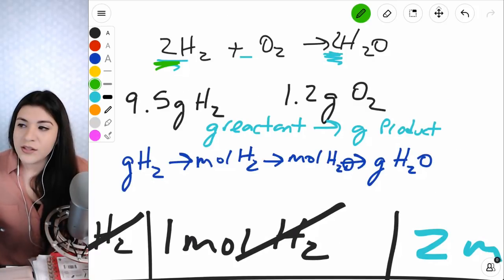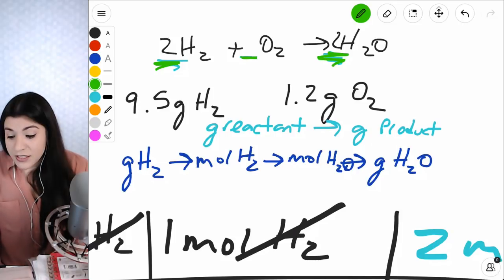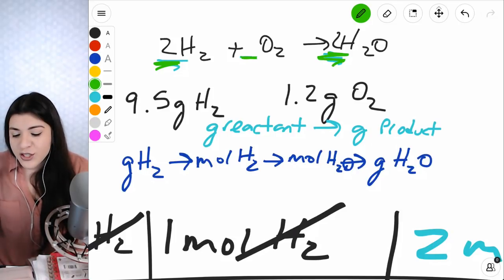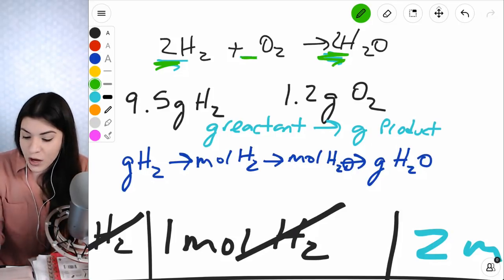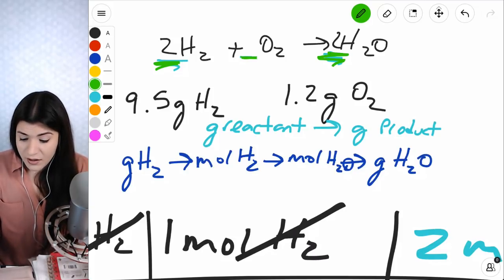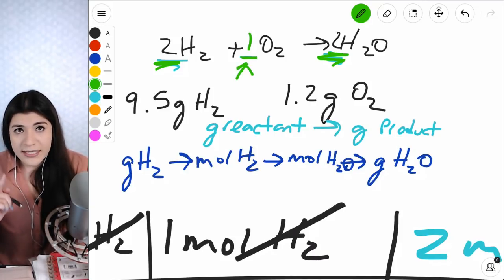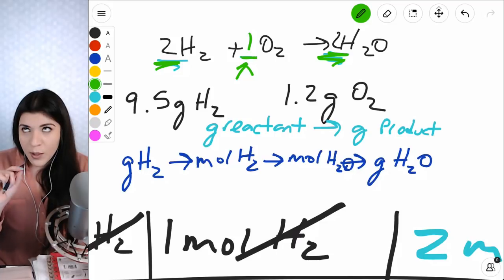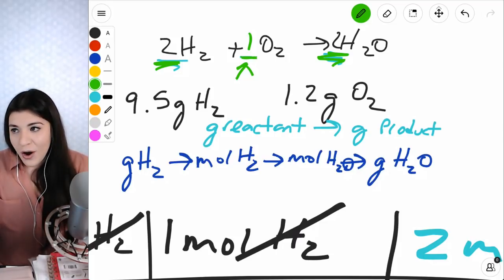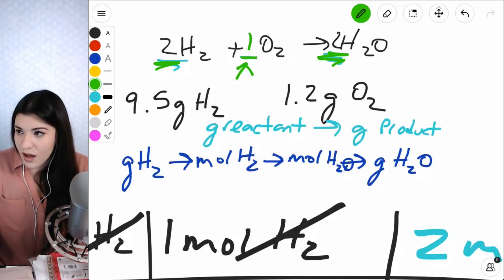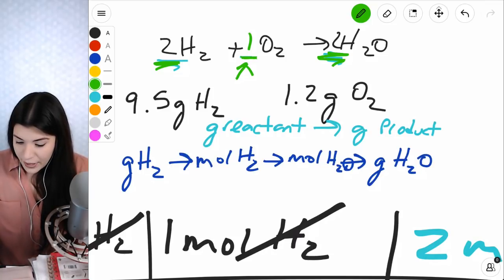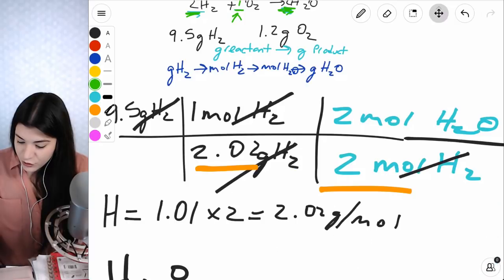Okay. And then now let's go back to our balanced equation to do our mole to mole ratio. So since we're doing moles of O2, there's 1 right there, okay? And then there's 1 mole of O2, and we're trying to get to water, so 2 moles of H2O. Okay, that's what I'm going to use. 1 mole of O2 and 2 moles of H2O.